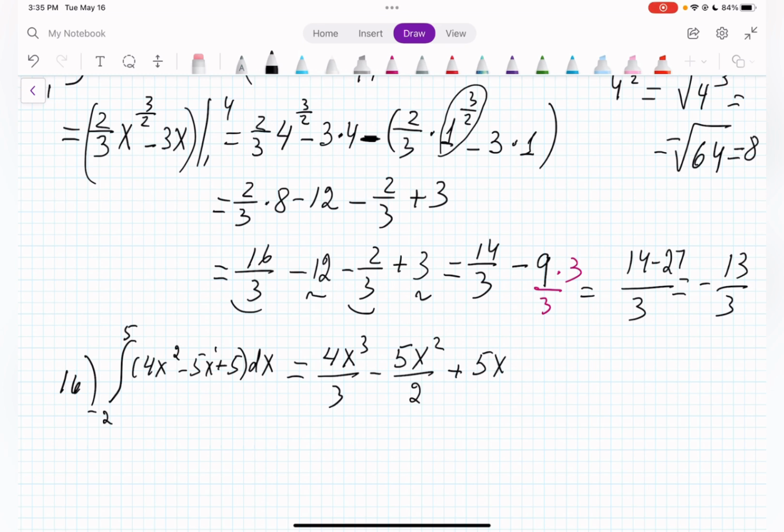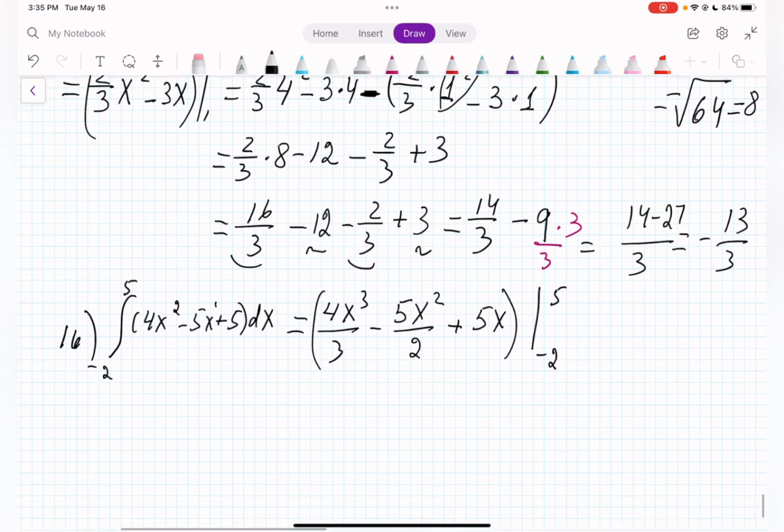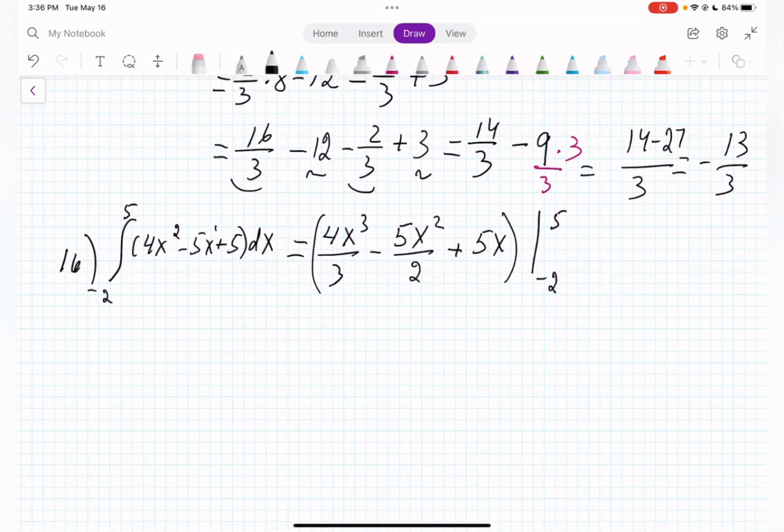We put this on the interval -2 and 5, and we can start figuring it out. So first we plug in 5 everywhere and then minus everywhere we plug in -2. Like I said, you can plug this interval in separately also, it doesn't matter either way.